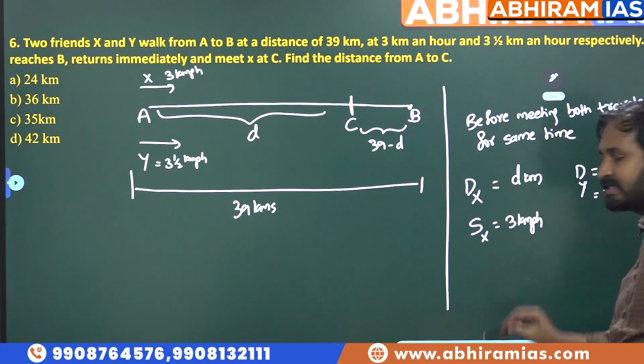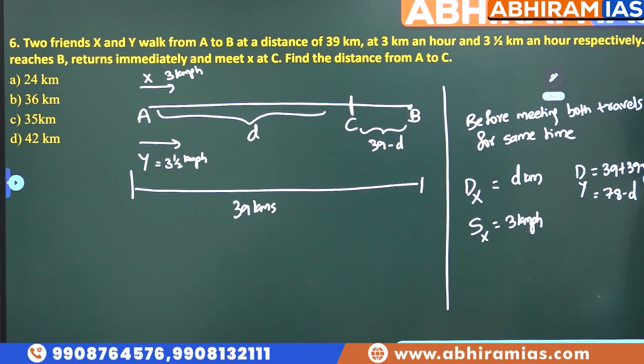What is the speed of X? 3 kmph. What is the speed of Y? 3.5, or else 7/2 kmph. 3.5 means 7/2.